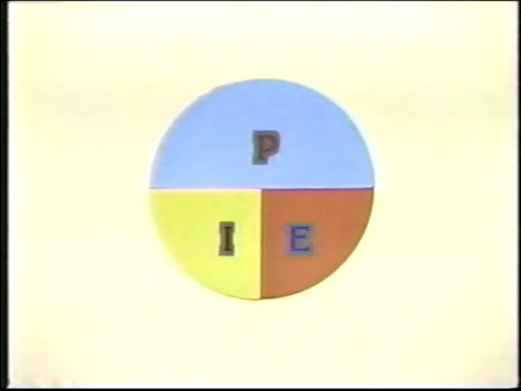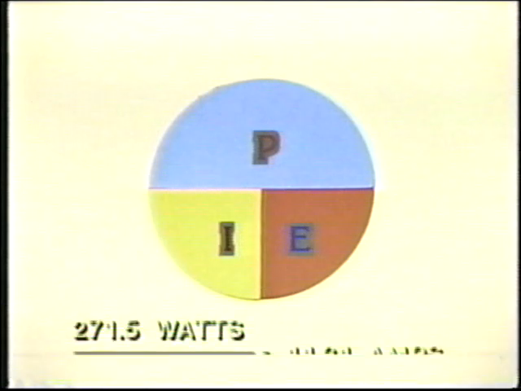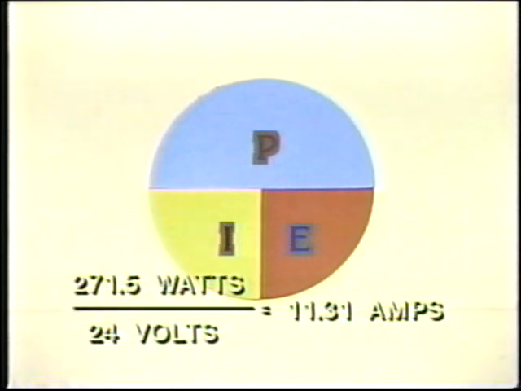Current is equal to the power divided by the voltage. 271.5 watts divided by 24 volts is equal to 11.31 amps.